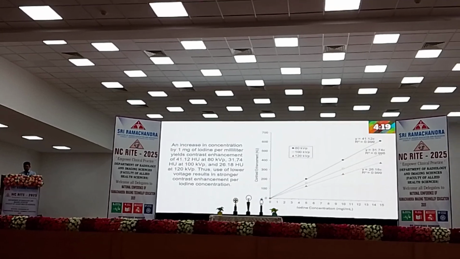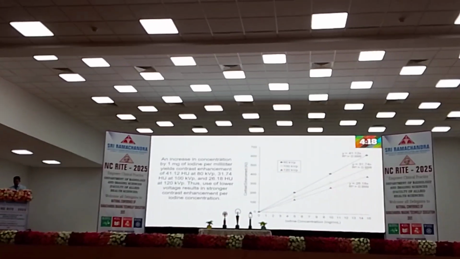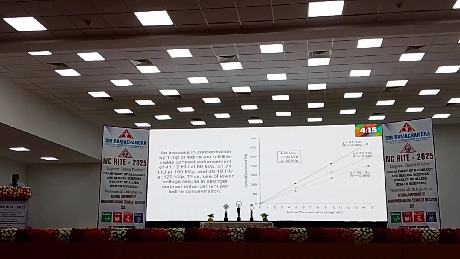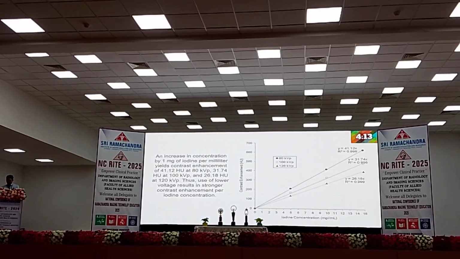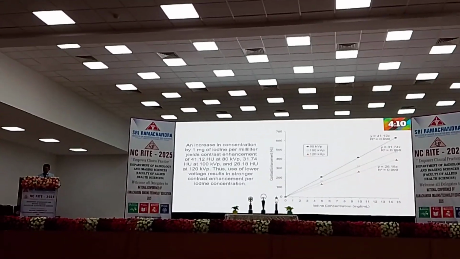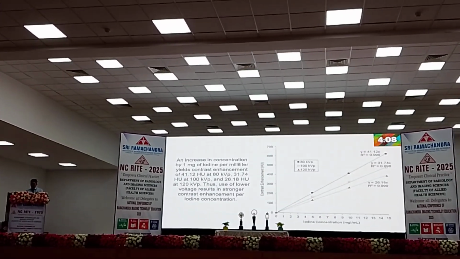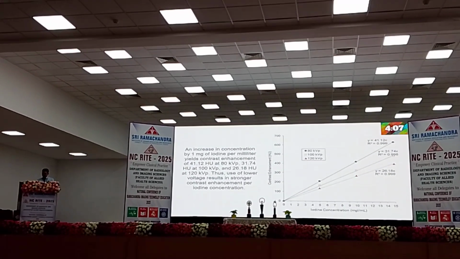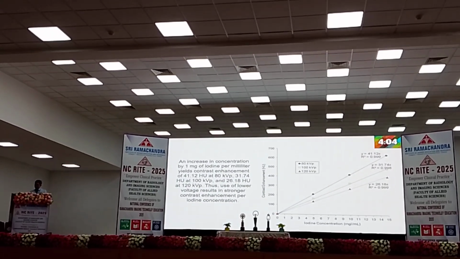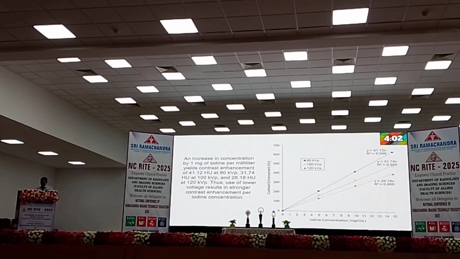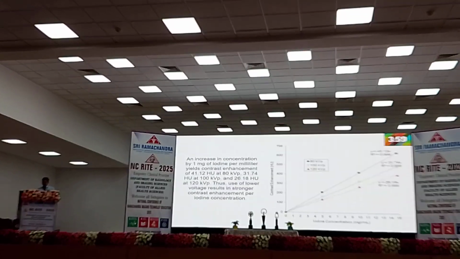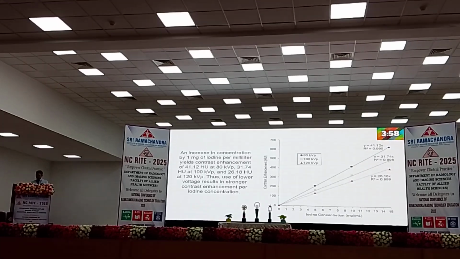If we are conducting three scans for the same patient, you see we kept 80 kVp for the first scan. You can see the Hounsfield unit at the same location is 41, and for the same patient, if you keep 100 kVp, you see at the same location 31 Hounsfield unit, and if you keep 120 kVp, the Hounsfield unit is 26.